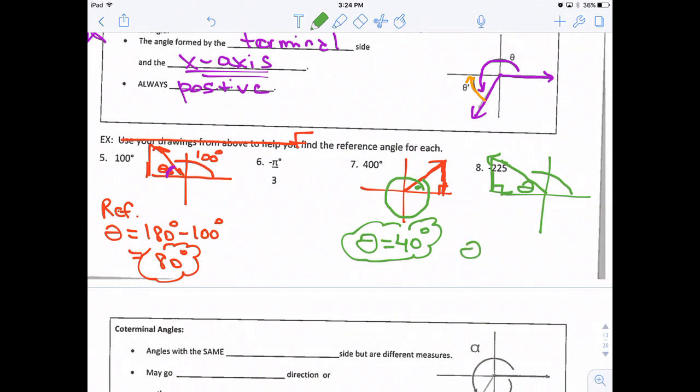Remember, reference angles are positive. Actually, this one, I'm sorry, what did I do? I knew that this is 135 degrees, because 225 plus 135 gives you that 360, the whole circle, and then you could take that 135 from the 180 and it gives you 45 degrees, which is this angle right there.